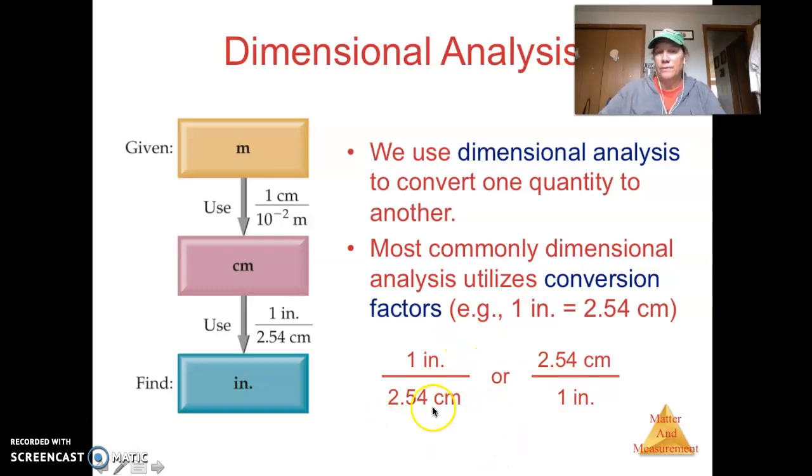Which way you use it depends on what you start with. If I'm starting with centimeters, I want my centimeters to cancel out, so I use this one. If I'm starting with inches, I use the other one. Whatever you start with should be on the bottom, because they cancel each other out.